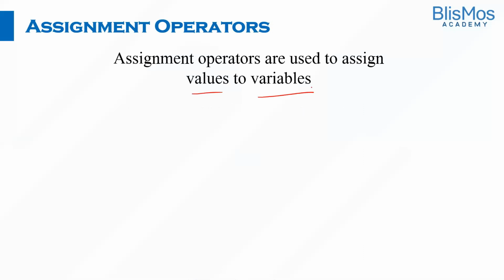As we know, we have already understood what variables are. When we define the variables, we need to have values assigned to those variables to operate on or to be used as a part of the programming language. That is where assignment operators come into picture.